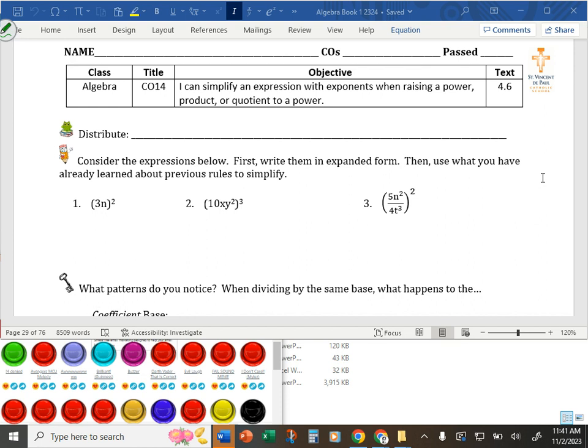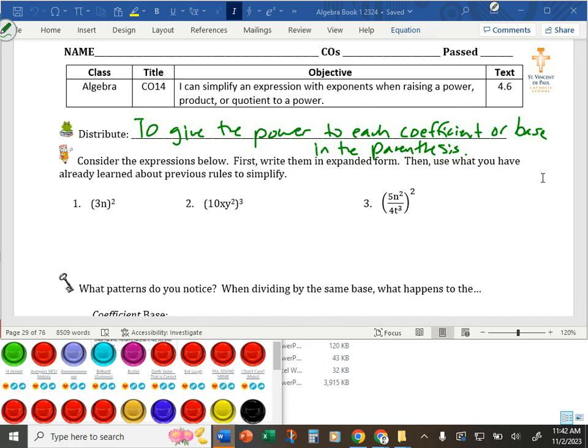In this case, it means to give the power to each coefficient or base in the parentheses. You're distributing the exponent into each coefficient and each base within the parentheses.